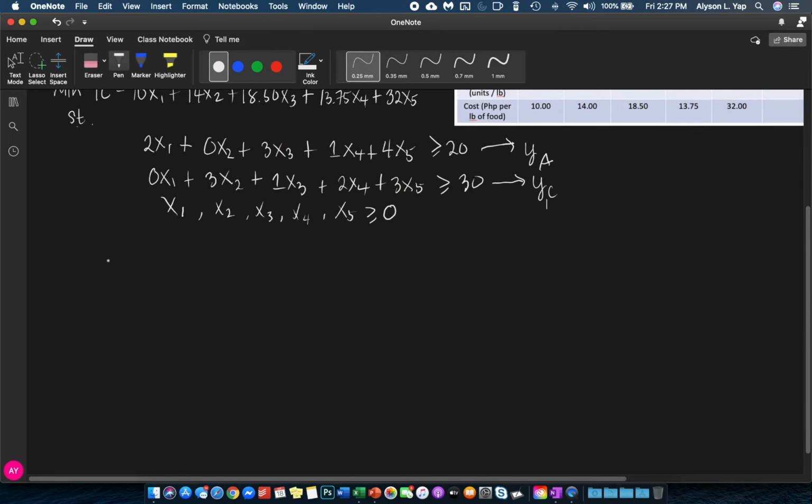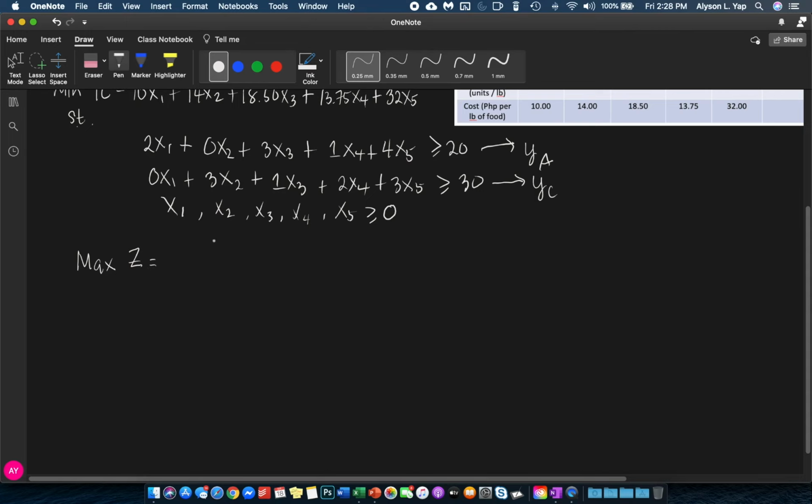So remember, our dual problem's objective is the opposite of the primal problem. Because the objective of the primal problem is to minimize, then the objective of the dual problem is to maximize. Okay? And we'll just use the generic z variable for the objective. Now, remember that the dual problem's parameters will be transposed. So all the coefficients here will be used, but transposed.